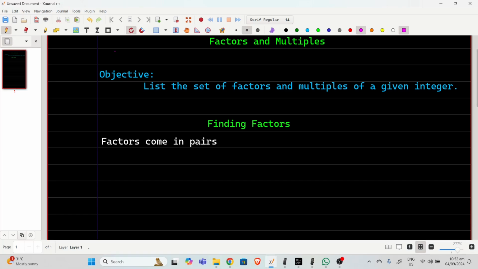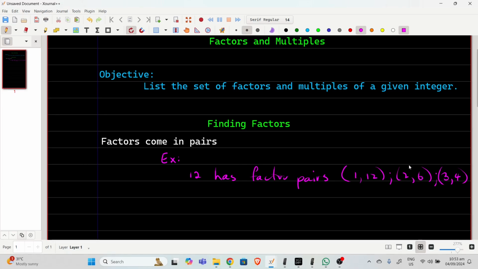One example is, let's say, 12. 12 has factor pairs of 1 and 12, then 2 and 6, and then 3 and 4. So these are all factors of 12 because if I take 1 and multiply it by 12, I'm going to get 12.